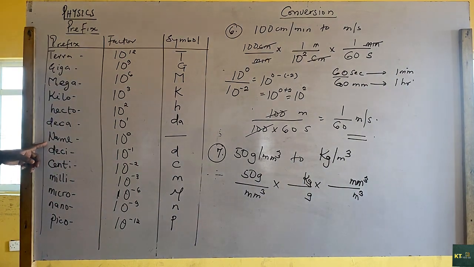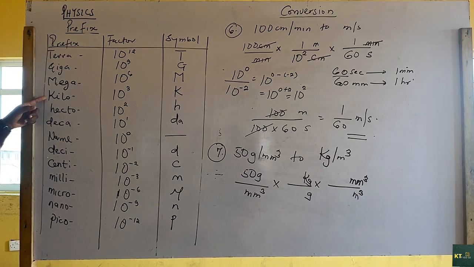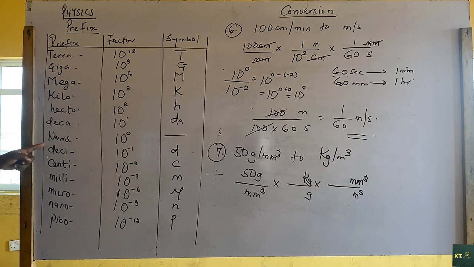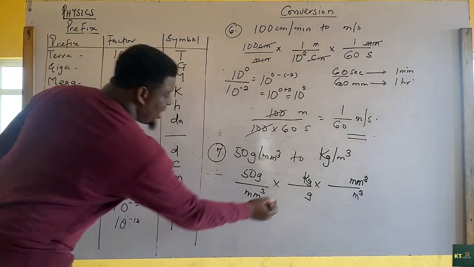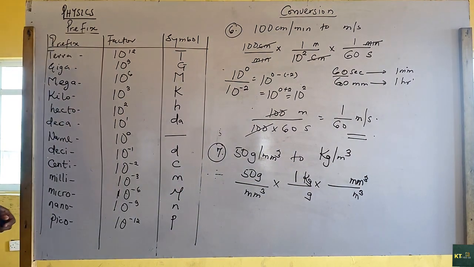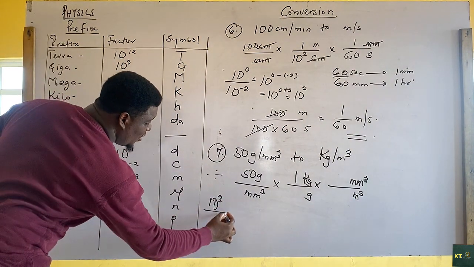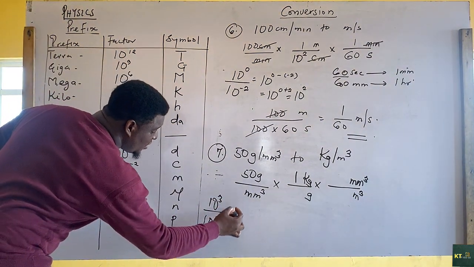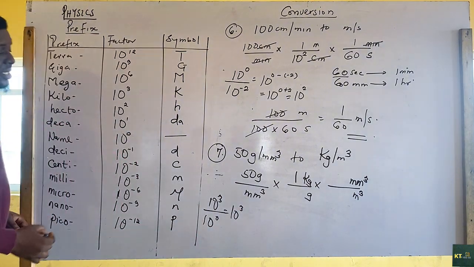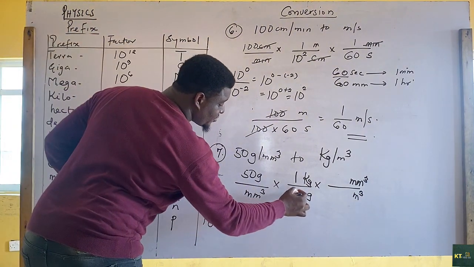Gram is standing as the name. Kilogram is a prefix added to the gram, so we have kilo before the name. Therefore, kilo is bigger and takes 1. So I have 10 raised to power 3 as kilo over the name. So which is 10 raised to power 3. So you put it here.